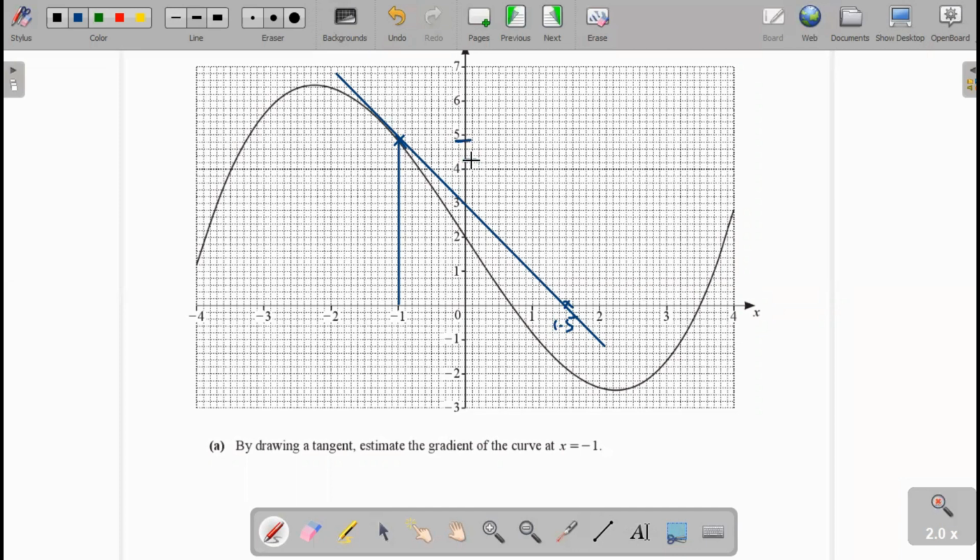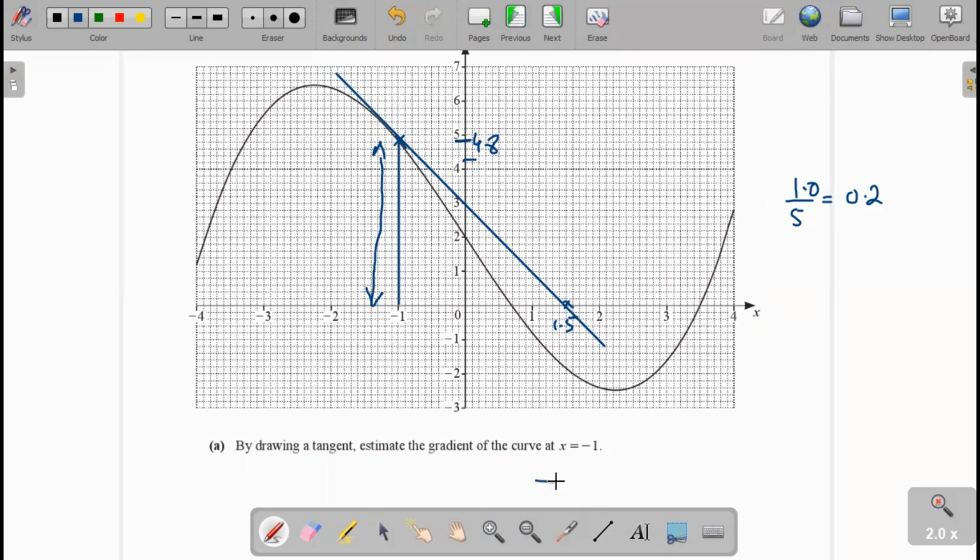One small scale is 0.2 because 5 small scales equal to 1, then 1 small scale equal to 1 over 5, that is equal to 0.2. Therefore, 4.2, 4.4, 4.6, 4.8. The value is 4.8. Now the vertical length is 4.8.